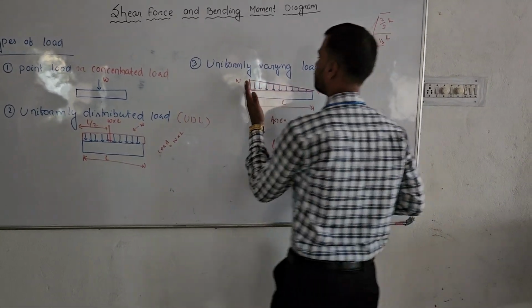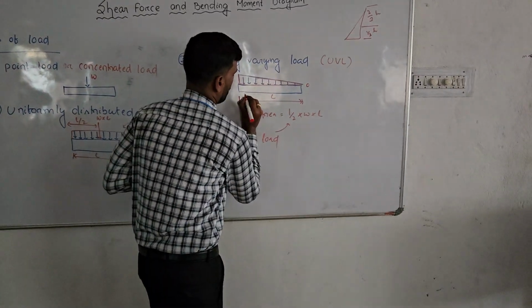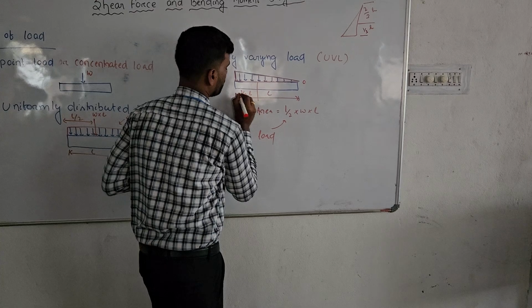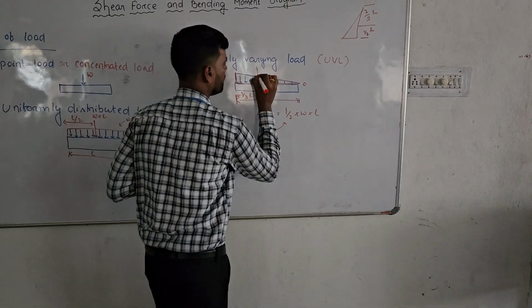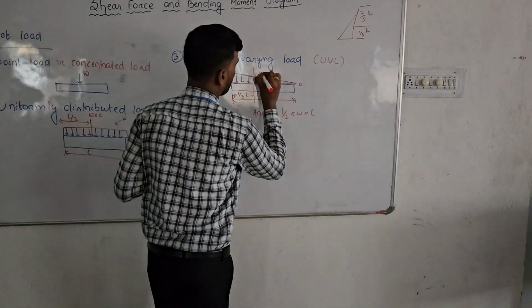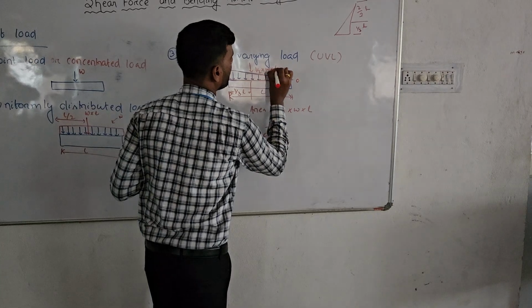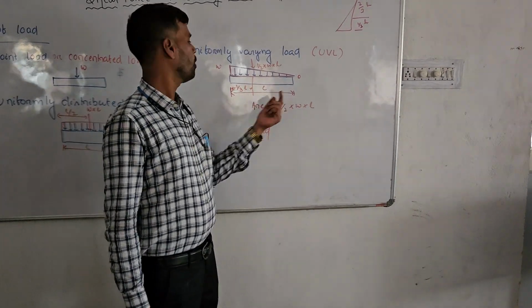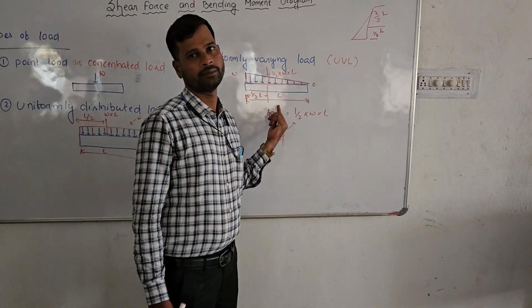So if you see from here, the point load will act at 1/3 L distance. The load will be half into W into L, and it will act at a distance of 1/3 L from this end or 2/3 L from that end.